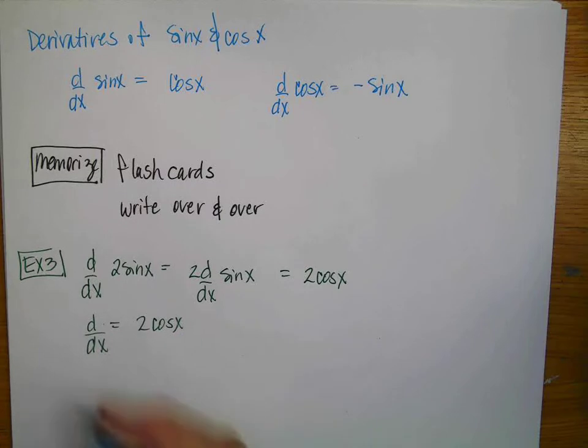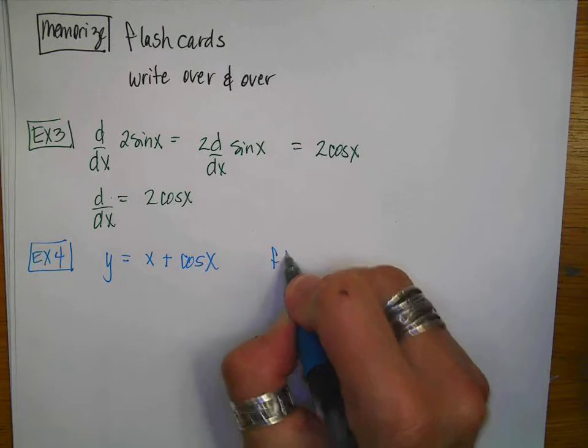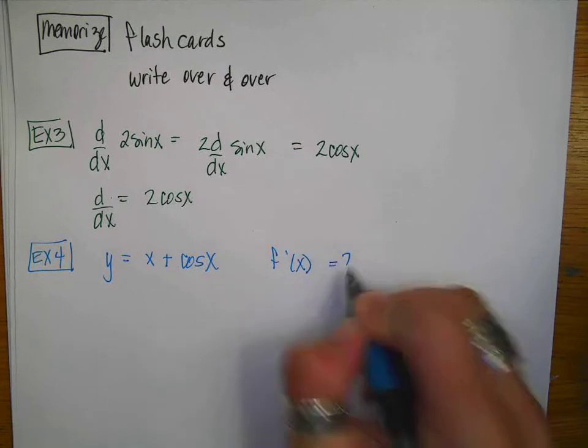The next example, example number 4, I'm going to have y is equal to x plus the cosine of x, and I want to find f prime of x.